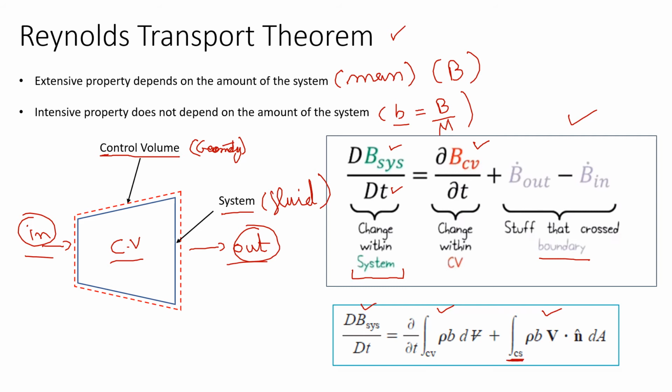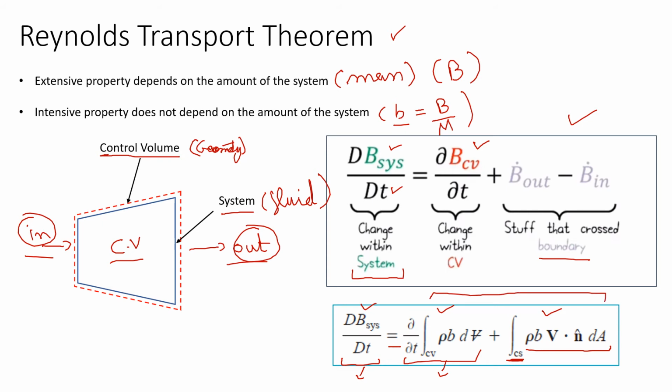By control surfaces we mean the inlet and outlet of the control volume through which the system will flow. So this term deals with the inlet and outlet of the control volume, and the change in the system that happens when it flows through them. This deals with the change inside the control volume, and this is the total change variable, which is equal to this.